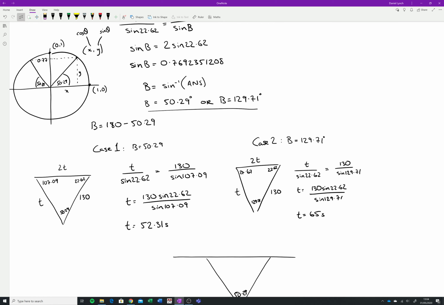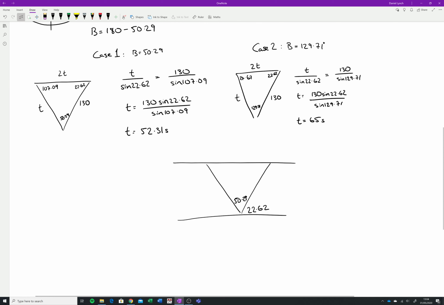Sorry, I was just remembering the unit circle, which was our issue there. So let's see what we would say here. That's 50.29 added to 22.62, and we'll do 180 minus that answer, telling us that this is 107.09.